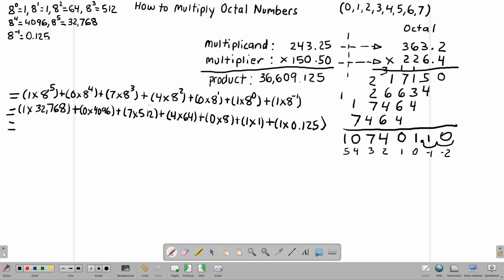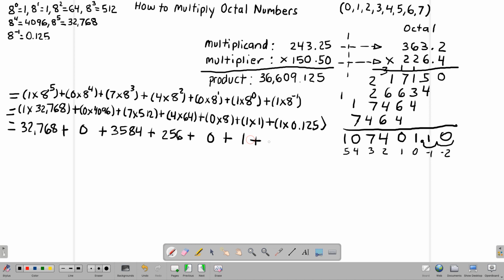So we will compute further. We have 1 times 32,768 is 32,768. And then 0 times 4,096 is 0. And then we have 7 times 512, which is the value 3,584. Then we have 4 times 64, which is 256. Then we got 8 times 0 is 0. 1 times 1 is 1.